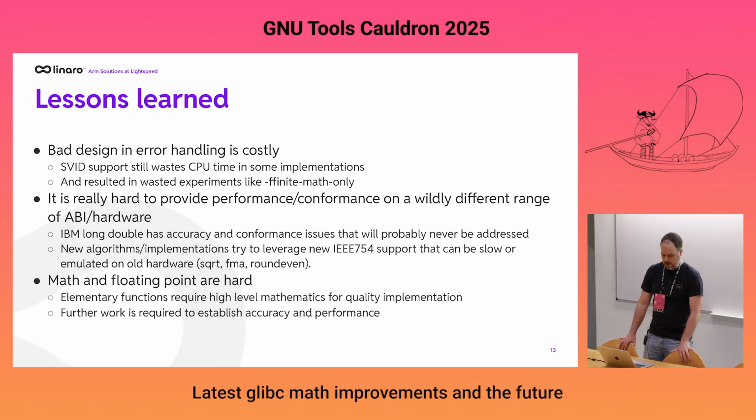Another thing is that math and float point are really, really hard. It took like 20 years to have new correctly rounded implementations that are faster, because there is new development in the math.